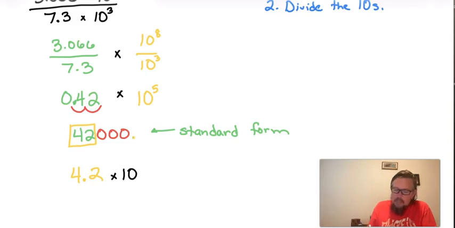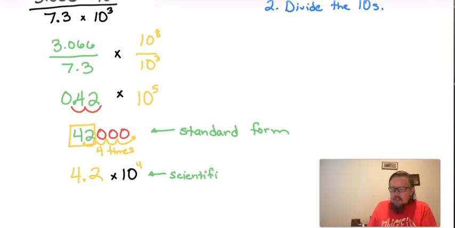Well, how many times do we have to move the decimal to get from here on the end to right after the 4? Well, let's count. 1, 2, 3, 4. So we moved the decimal 4 times. So that means our answer will be times 10 to the fourth, 4.2 times 10 to the fourth. And that is the answer in scientific notation.